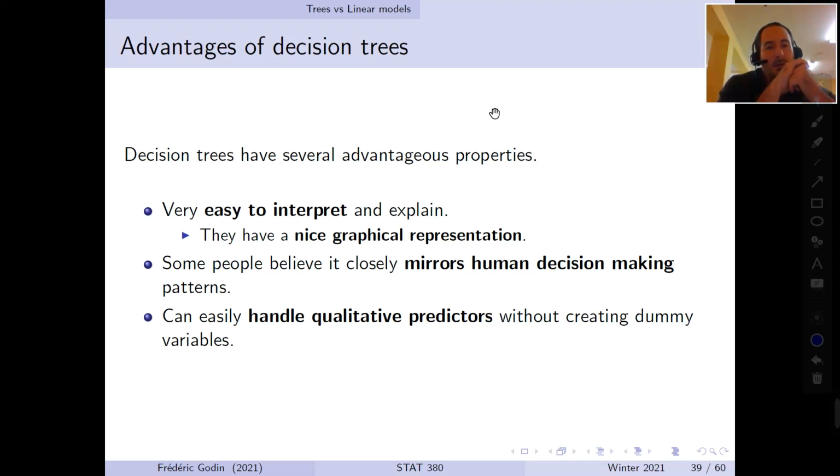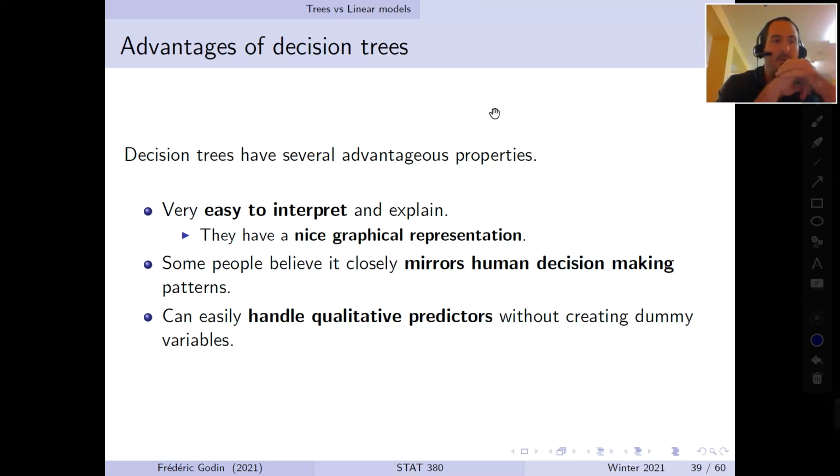Finally, decision trees can easily handle qualitative predictors without creating dummy variables. If we want to apply a linear regression and there are qualitative predictors, then we would need to create new quantitative variables of the following form: first, an indicator if you're in class 1, second, an indicator if the predictor is in class 2, etc. So you need to create many dummy variables to use qualitative predictors in the regression setting, whereas with decision trees, it's very easy to cope with them.